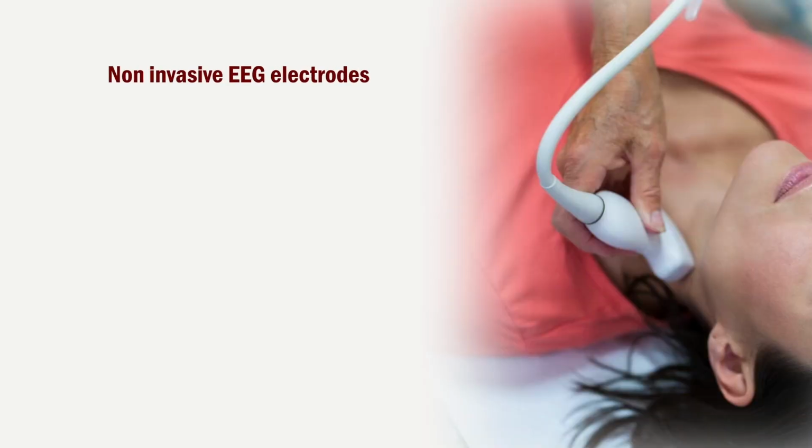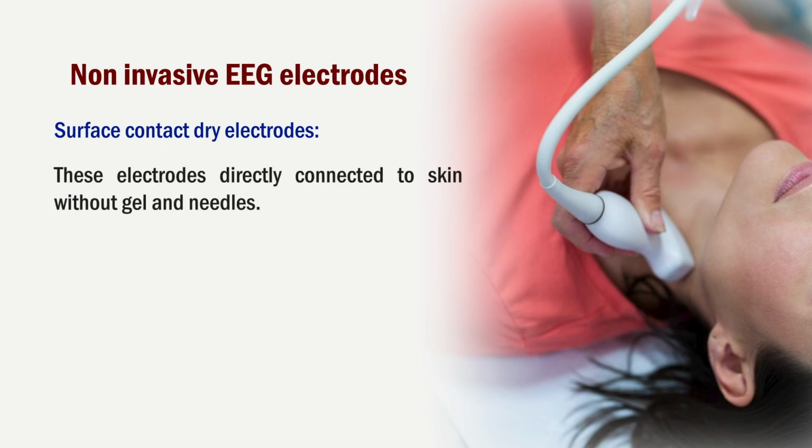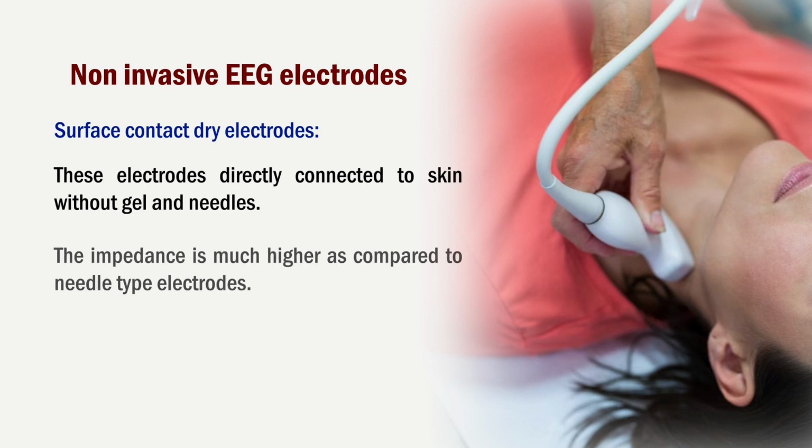Now, we will discuss surface contact dry electrodes. These electrodes are directly connected to the skin without gel and needles. The impedance is much higher as compared to needle type electrodes.